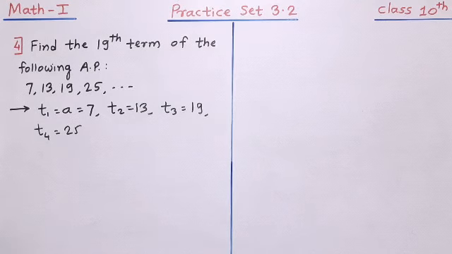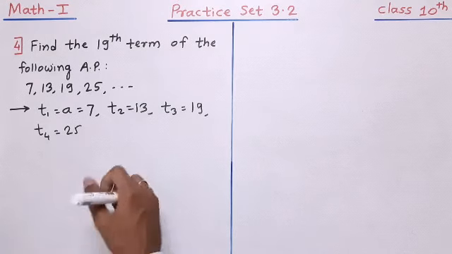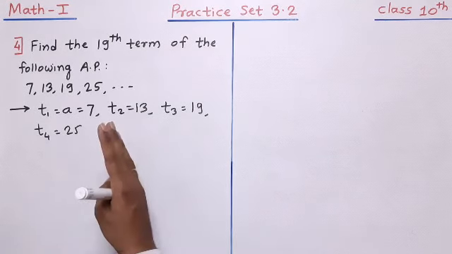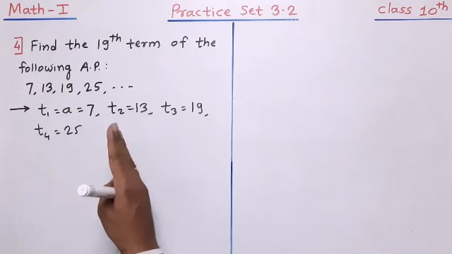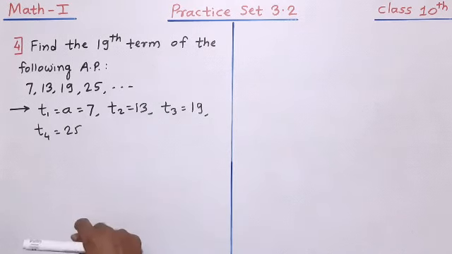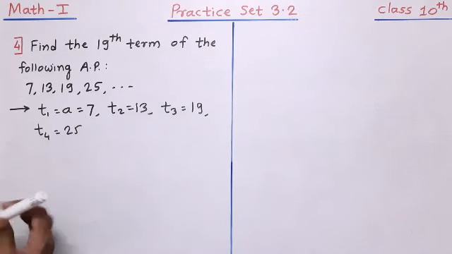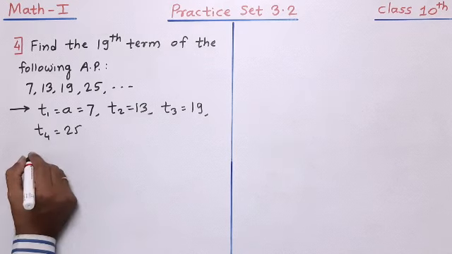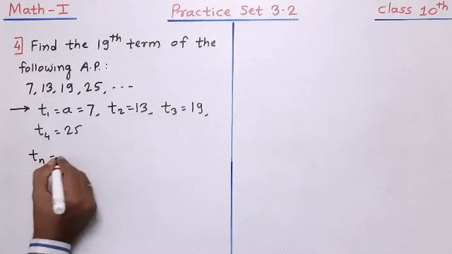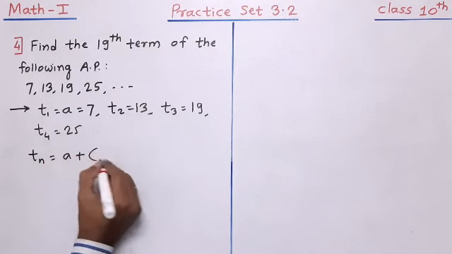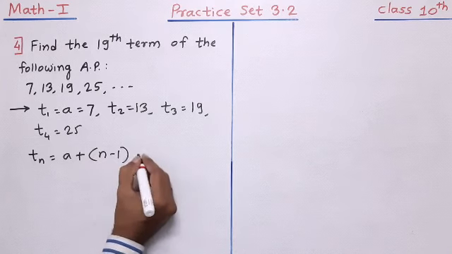Now after this, you have to remember the formula. The formula for finding any term in an AP that we have studied is Tn is equal to A plus (n minus 1) into d.